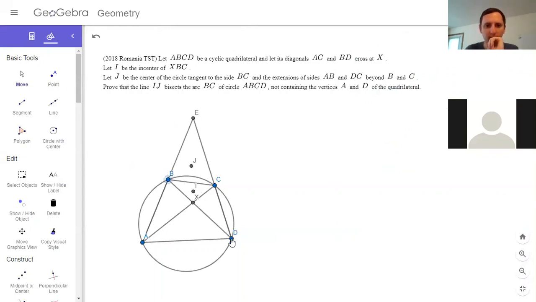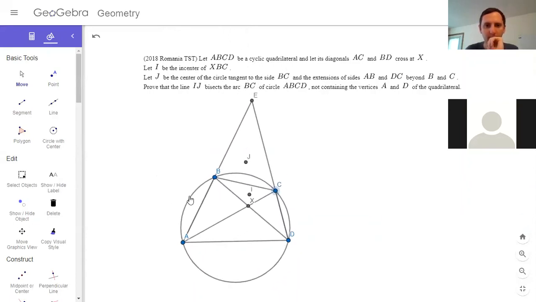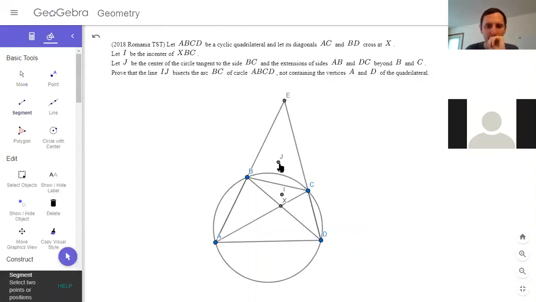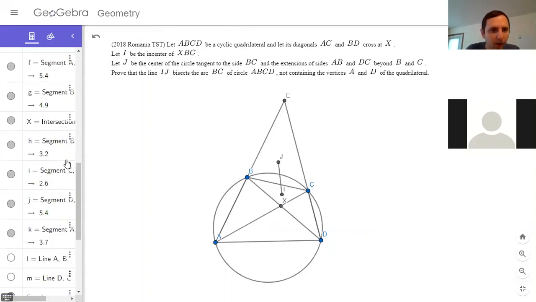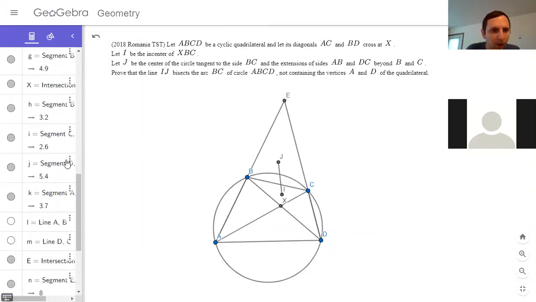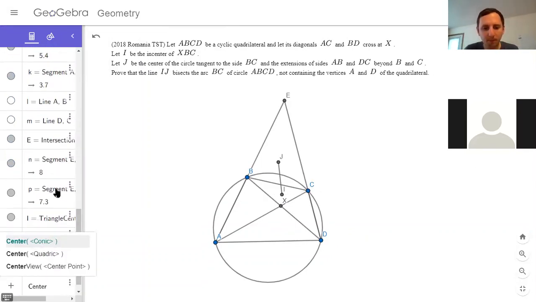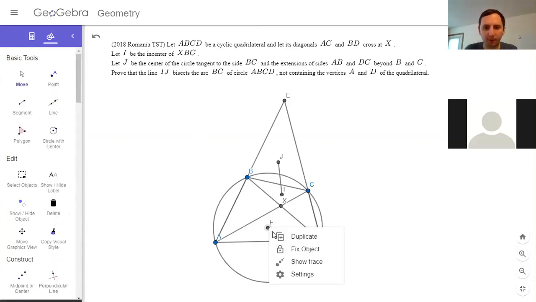All right. Let me make this a little bigger. Maybe move it over a little bit. So I'm gonna draw the center of the circle. Call it O maybe. All right. So that's the center of the circle.